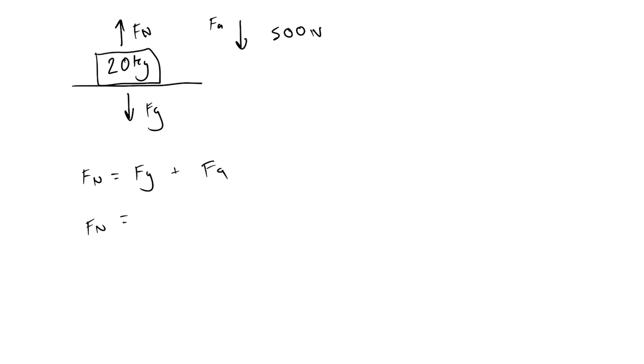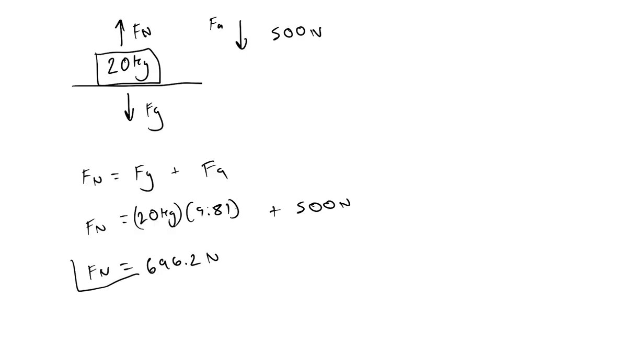Fn is equal to 20 kilograms times 9.81 plus 500 newtons. Fn is equal to 696.2 newtons. And that's how we can calculate our normal force for that example.